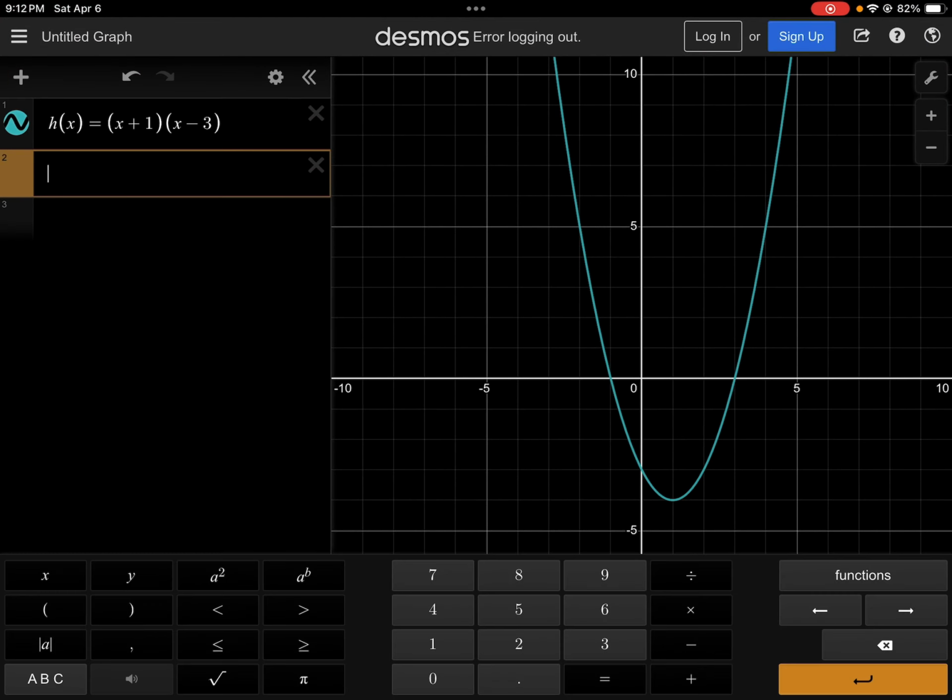So here's a use for putting h of x. If they ask you, what's the value for x equals, I don't know, negative 2? Or they may ask you what is h of negative 2. No matter how they ask it, if you type it as h of negative 2, you get the answer. And that's one use.